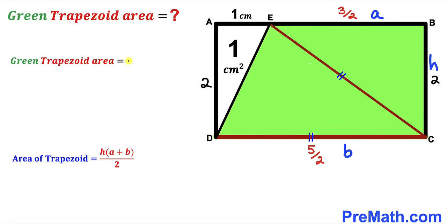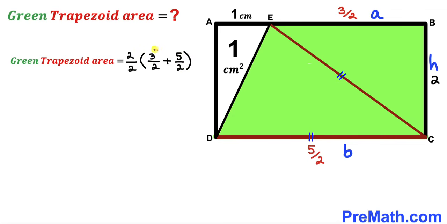So this green shaded trapezoid area is going to be our height 2 divided by 2 times our base a, 3 divided by 2, plus our other base, 5 divided by 2.